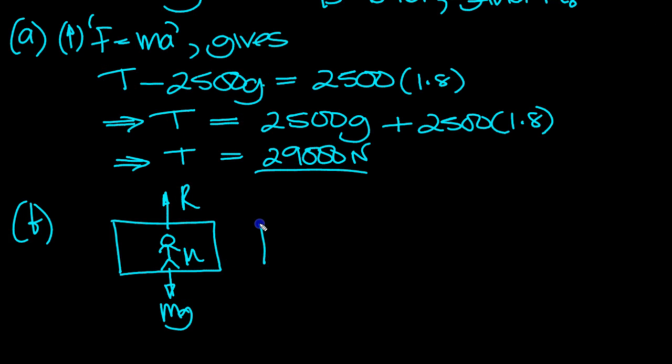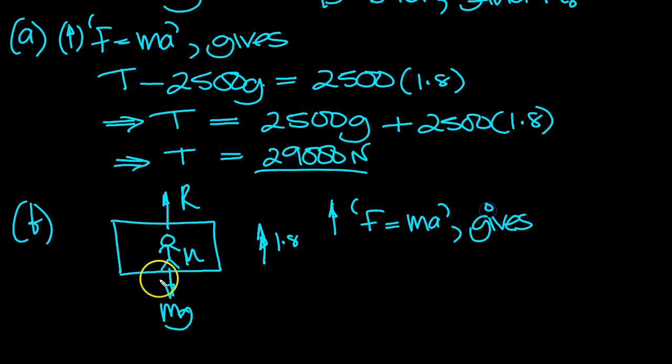So we know the acceleration is 1.8 as before. We can assume that. So upwards then, F equals ma in the upwards direction gives, so let's look at the forces here, R minus mg is equal to the mass times the acceleration 1.8.